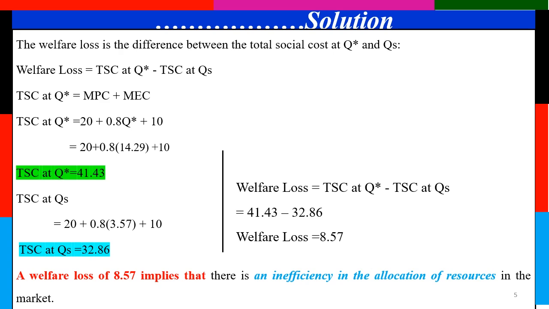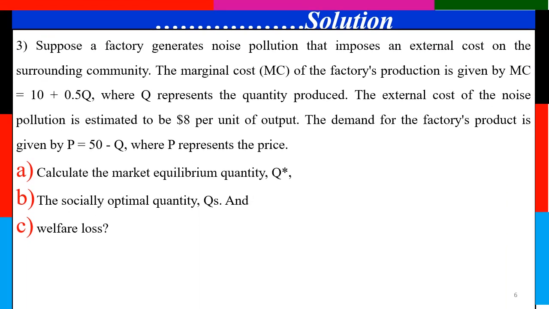Again, a very similar question. Please practice this one by yourself. Suppose a factory generates noisy pollution that imposes external costs on the surrounding community. The marginal cost of the factory producing is given by this one, where Q represents the quantity produced.